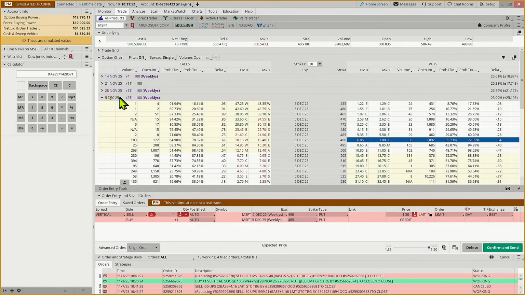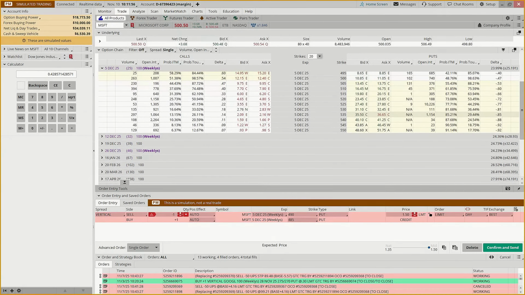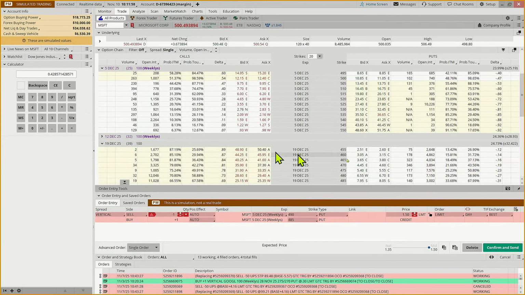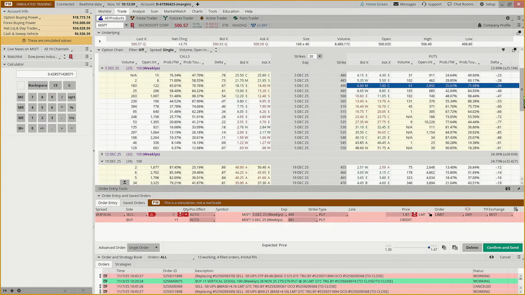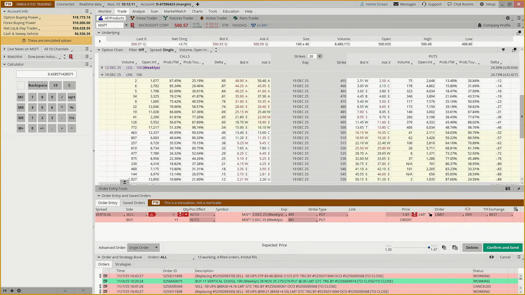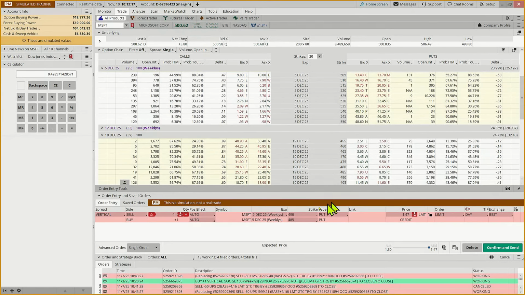Now, some might say, isn't it better to look at the monthly options? Don't they typically trade more volume? If we look at the 490, yes, there's 5,000 contracts instead of 3,000. But if I'm in it for 2 weeks more, so 39 days instead of 25, how much more money would I get?